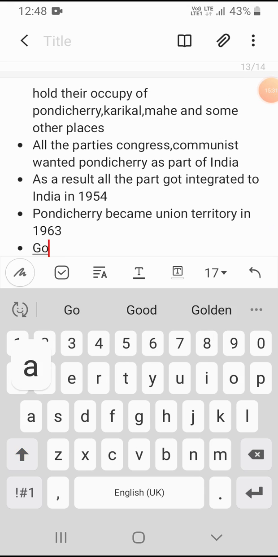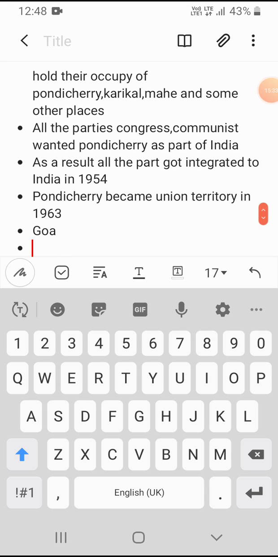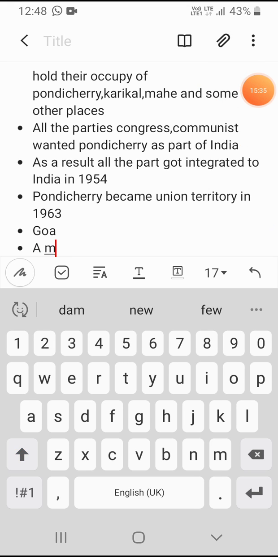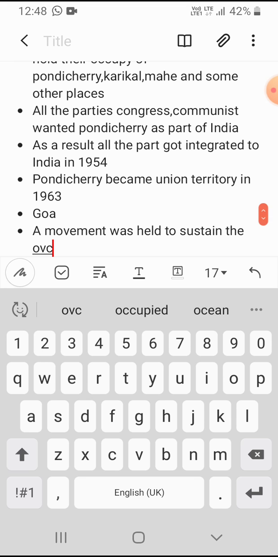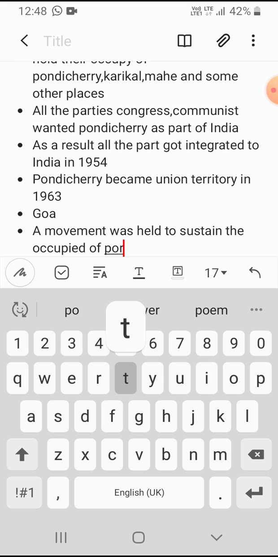Let's now know about Goa. A movement was held against the occupation of Goa by the Portuguese.